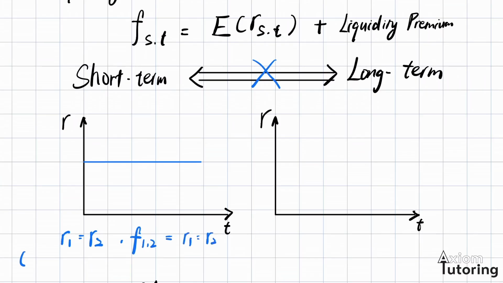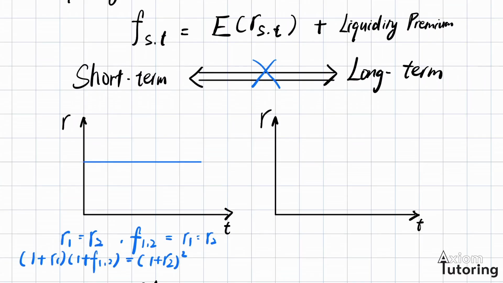Recall that formula: 1 plus R1 multiplied by 1 plus the forward rate from year 1 to year 2 equals 1 plus R2 to the power of 2. So if R1 and R2 are the same, then the forward rate must also be the same as these two numbers. This could explain a relatively flat term structure.